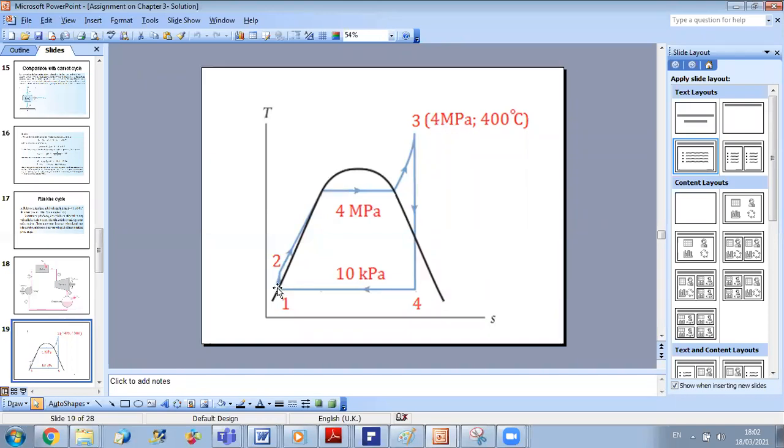So at point 1 I have the saturated liquid state. So I can go now to my table and just select HF. Okay, I already found it, HF at 10 kilopascal. So HF at 10 kilopascal is the value of H1.